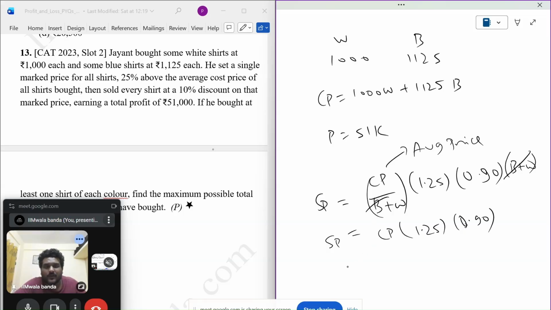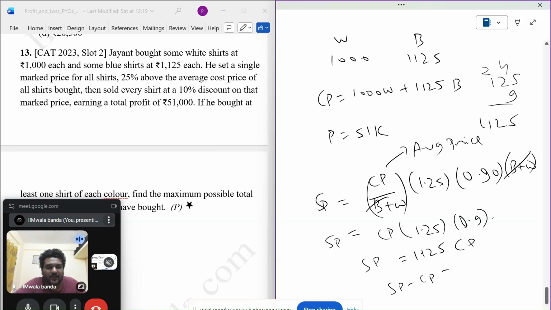Now what? Cost price I know. See, is this getting any easier? 9 5 is 45, 9 2 is 18, 19, 20, 22, 9 is 9, 10, 11, 1, 1, 2, 5, and three zeros. SP minus CP, profit I know. Just do this now.